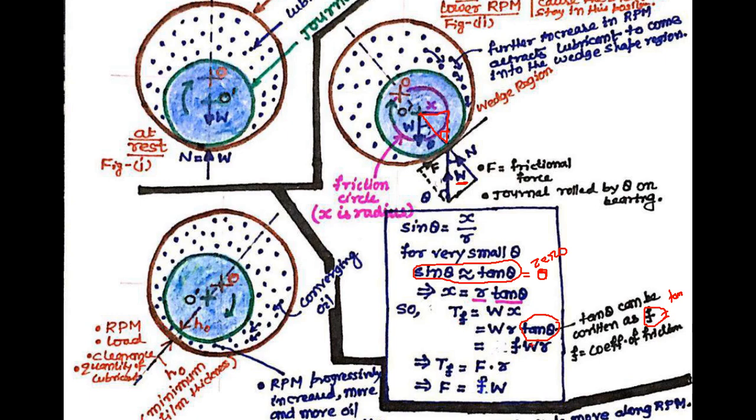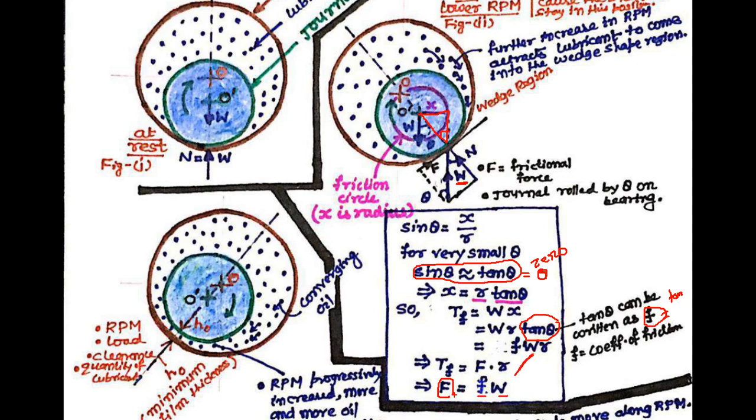So this is the frictional torque f W R, and we know that the frictional torque is the force into radius. So by comparing these two equations, we can write the frictional force F equal to the coefficient of friction small f into W.